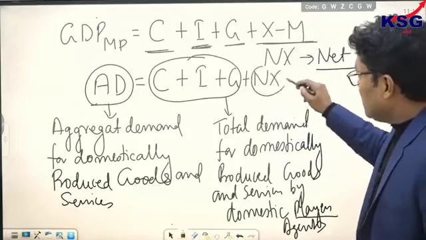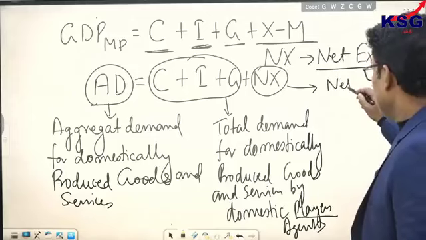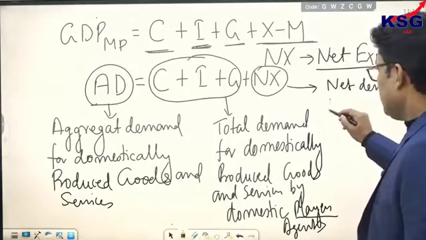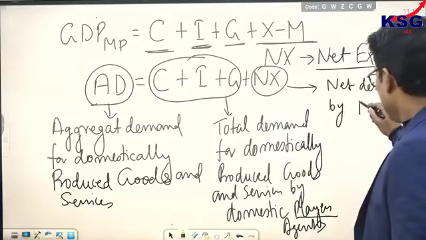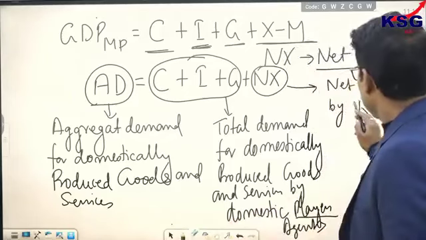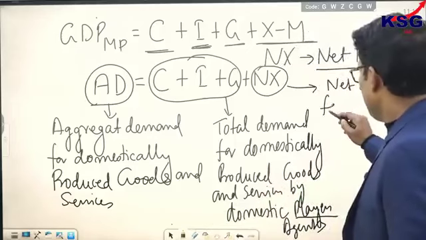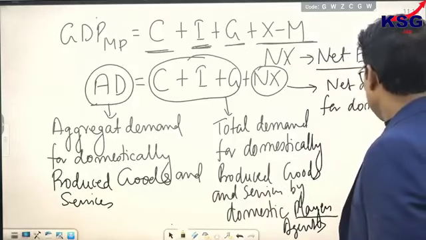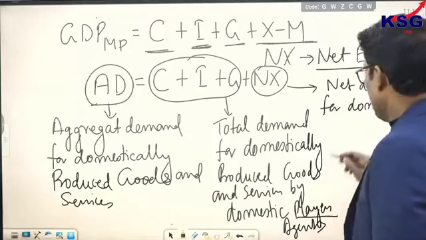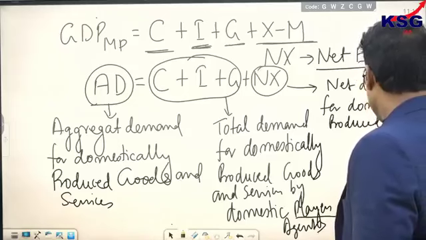NX means it is the net demand by the rest of the world. Net demand for domestically produced goods and services.